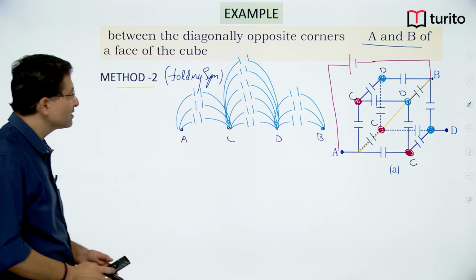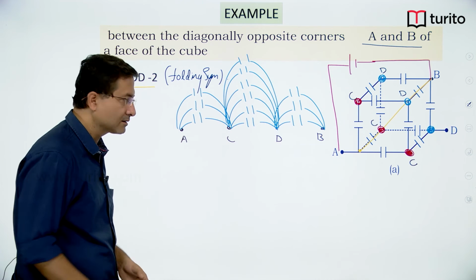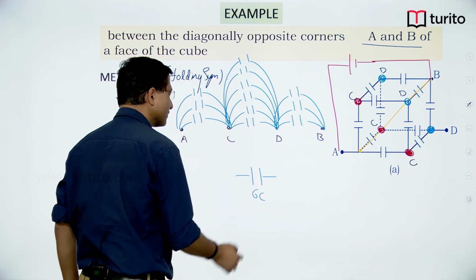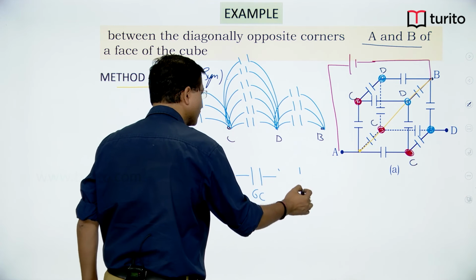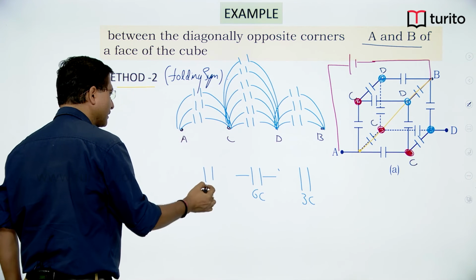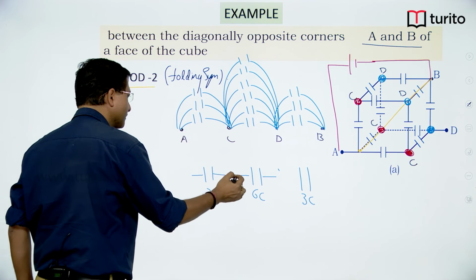So, as these all are connected in series, I can directly take 6C here, 3C for this one, parallel combination, 3C for this one, parallel combination, right.